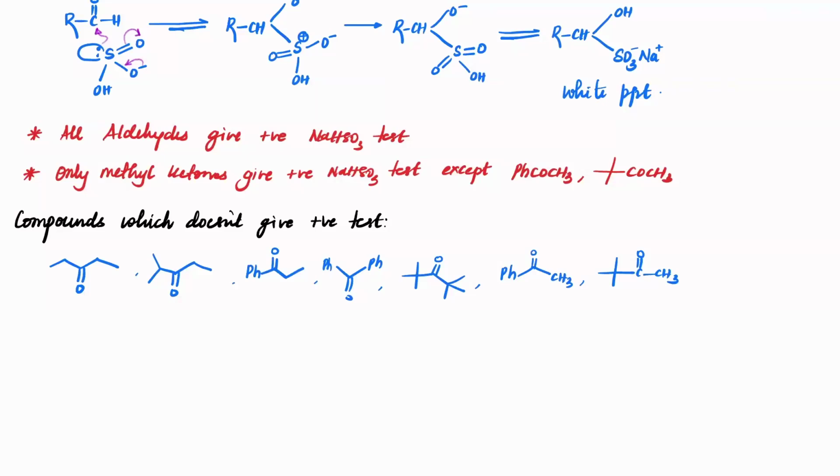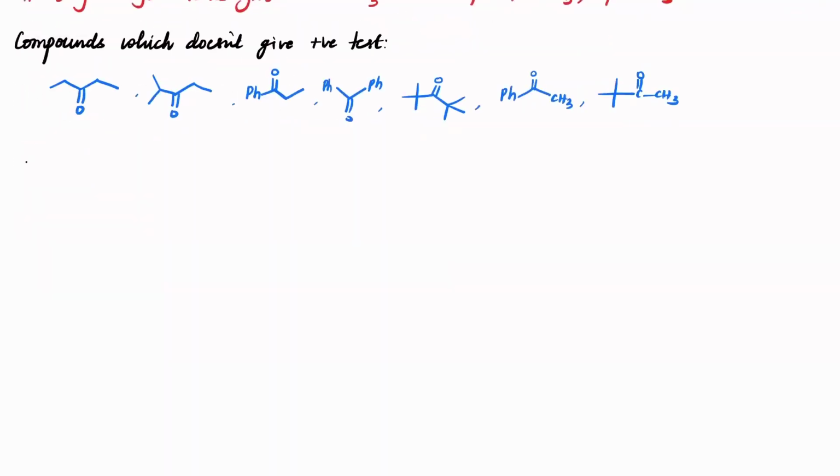Okay. The second important point is, if you notice RCH OH and SO3 minus Na plus, this is the white precipitate.